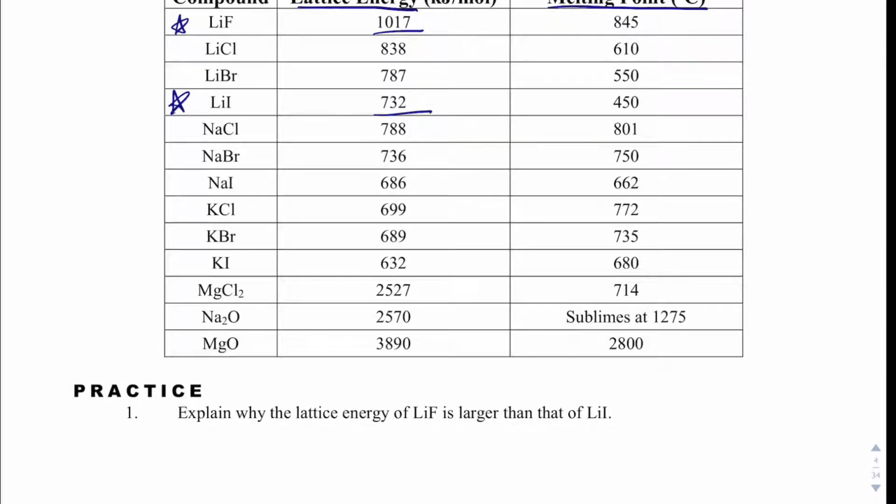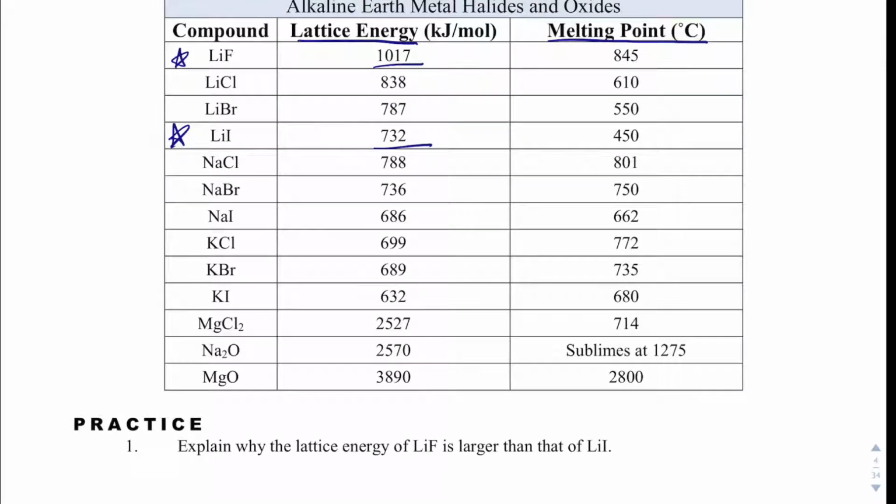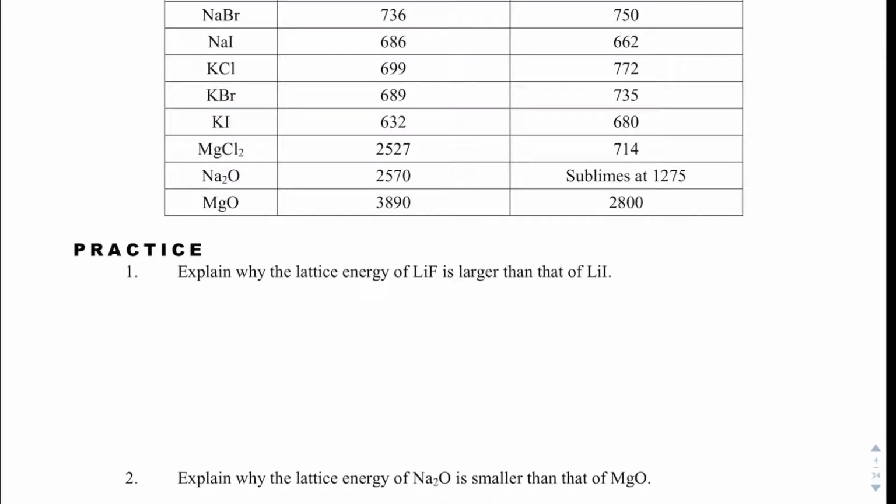And whatever is different between them must be what's causing the difference in the lattice energies or the melting points. So how I do this is I find their charges. Lithium has a +1 charge. Fluorine has a -1 charge, and iodine, being in the same family as fluorine, being a halogen, has a -1 charge.